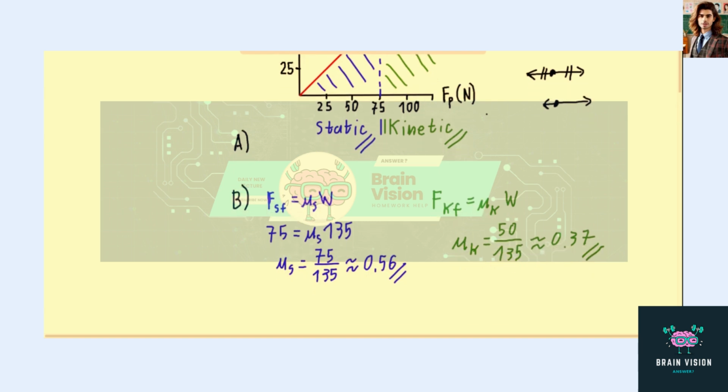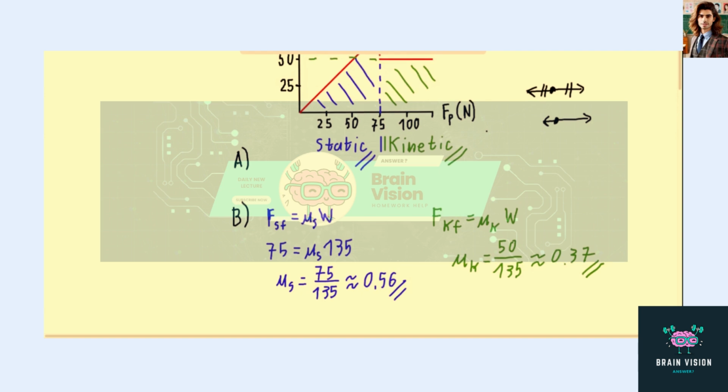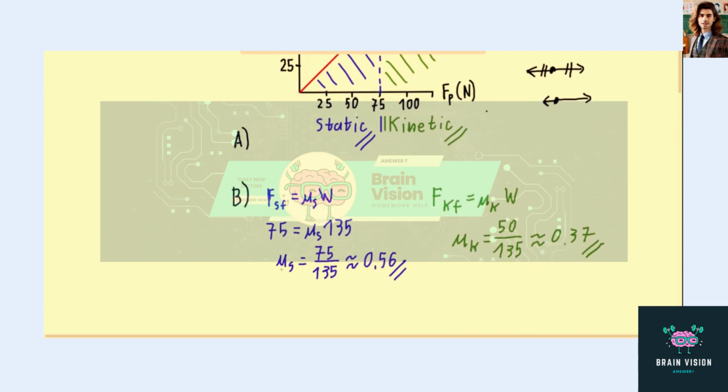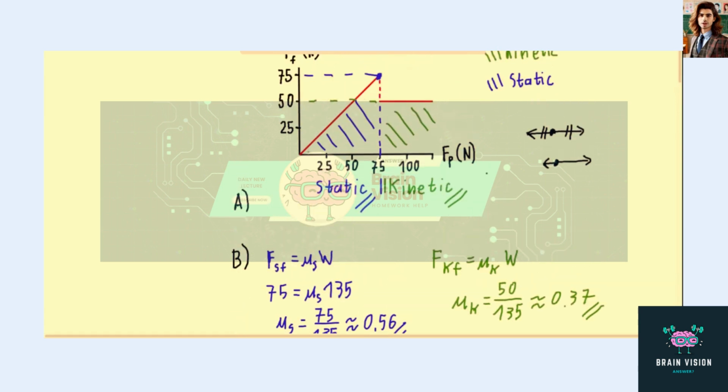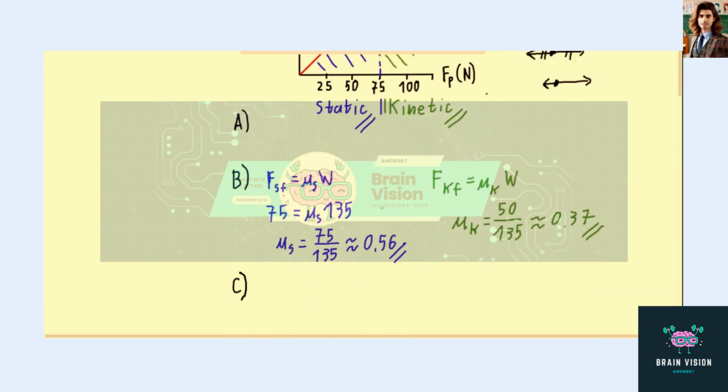Now in part C, we have kind of already answered part C. We want to be able to tell why this graph first increases and then plateaus.